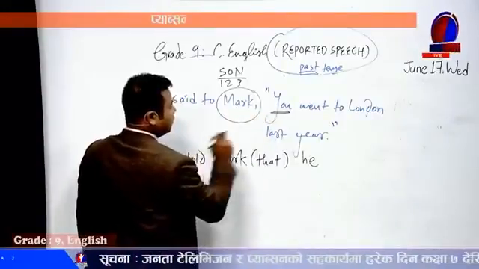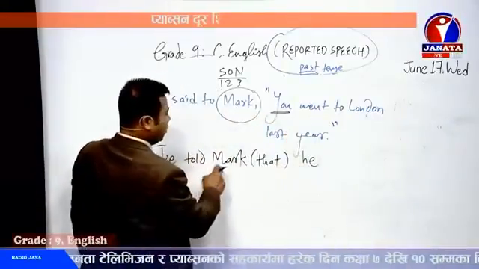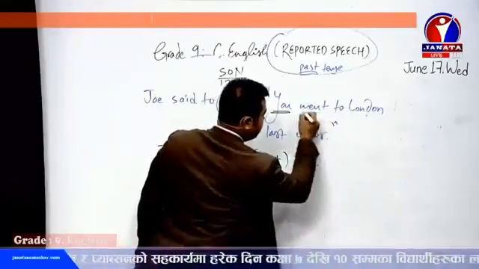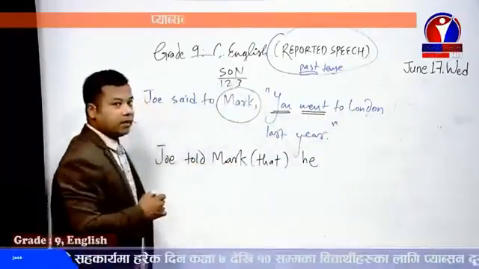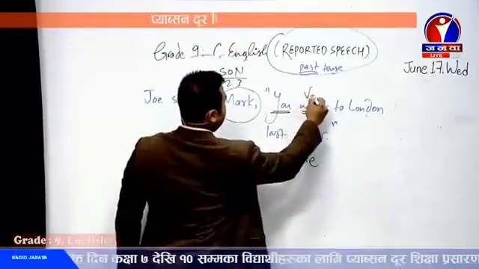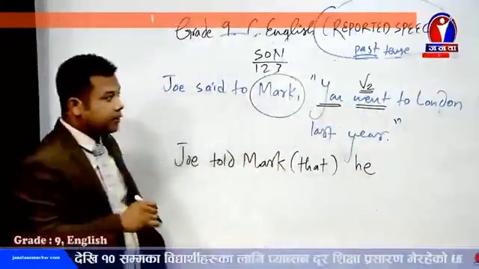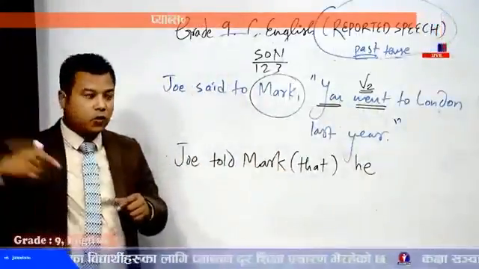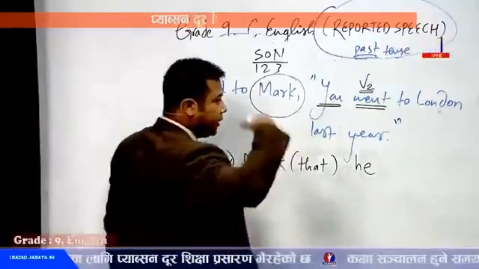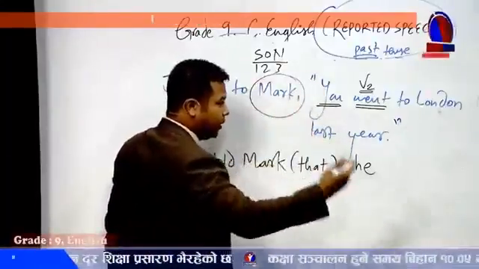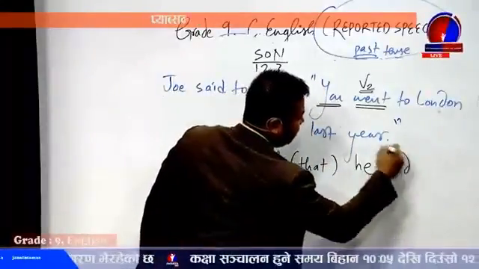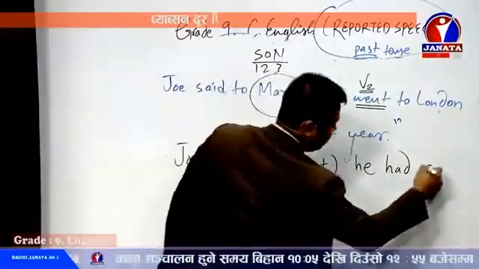You went to London, so Joe told Mark that he, what is the tense now? Tense is went. This is verb two, and past tense changes into its respective one step jump. I told you that. And what is the past perfect of went? It's had gone.